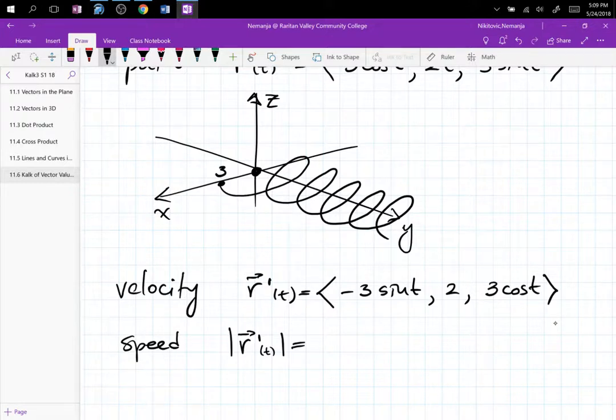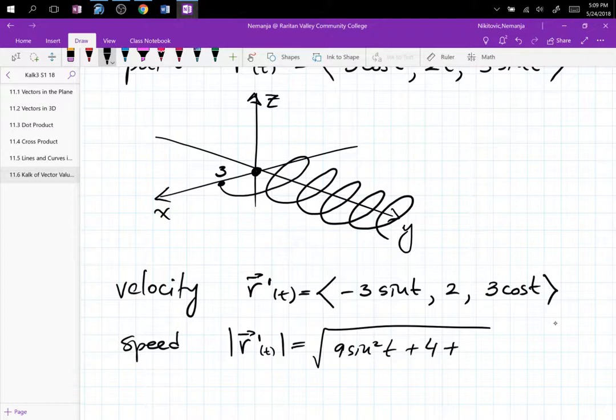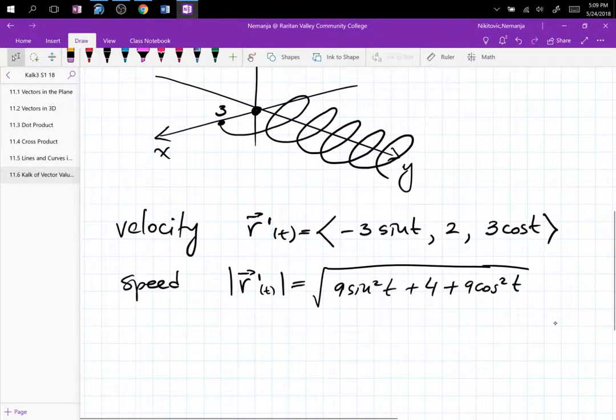So now we have the square root of 9 sine squared t plus 4 plus 9 cosine squared t. When we put these together and factor out 9, it's going to be square root of 13. Sine squared plus cosine squared is 1. So you factor out 9. 9 times 1 is 9 plus 4 is 13, square root of 13.